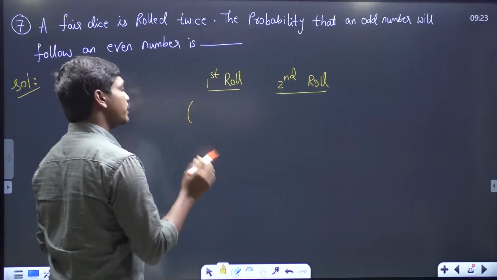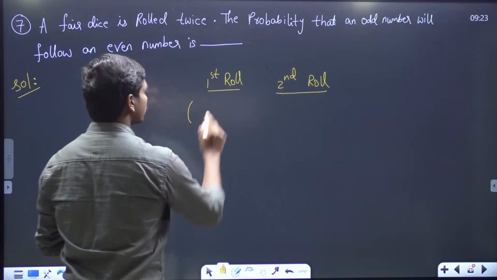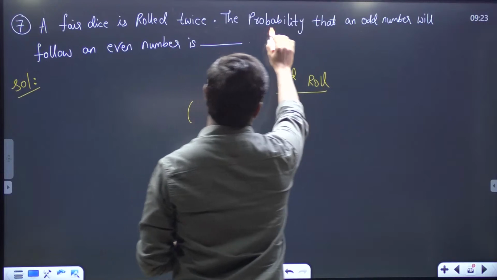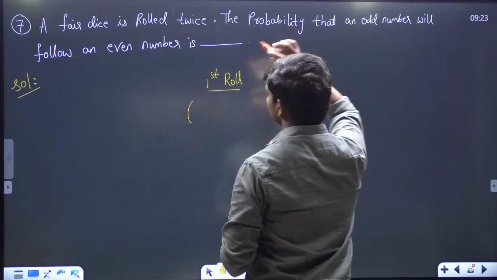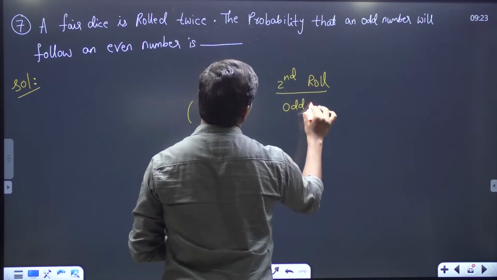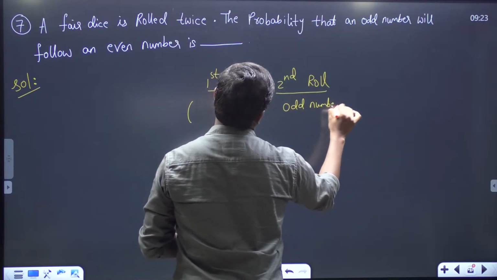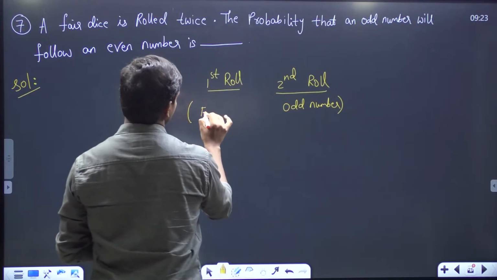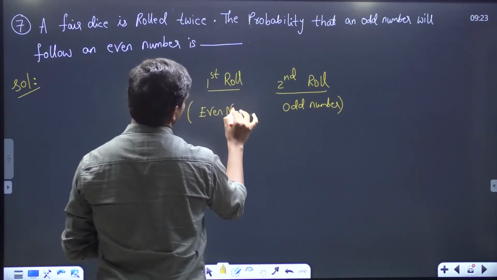There is a die and you are rolling it 2 times. In the first roll, see what he's asking for. The probability that an odd number will follow an even number means in the second roll it is an odd number, and in the first roll it is an even number.